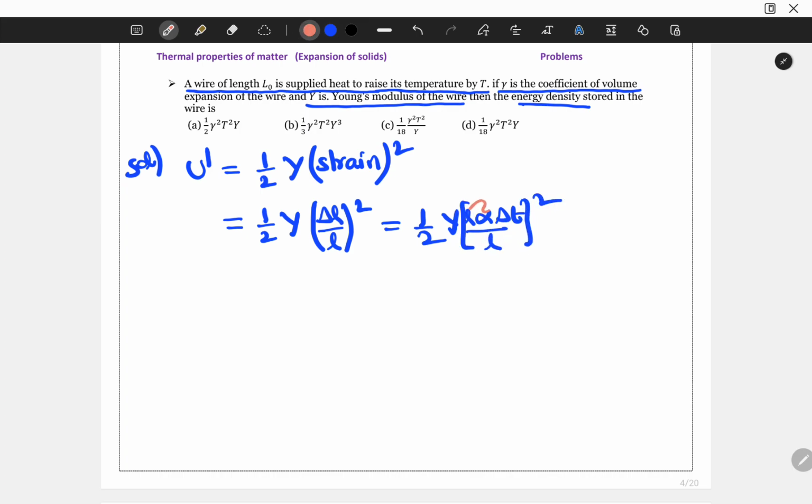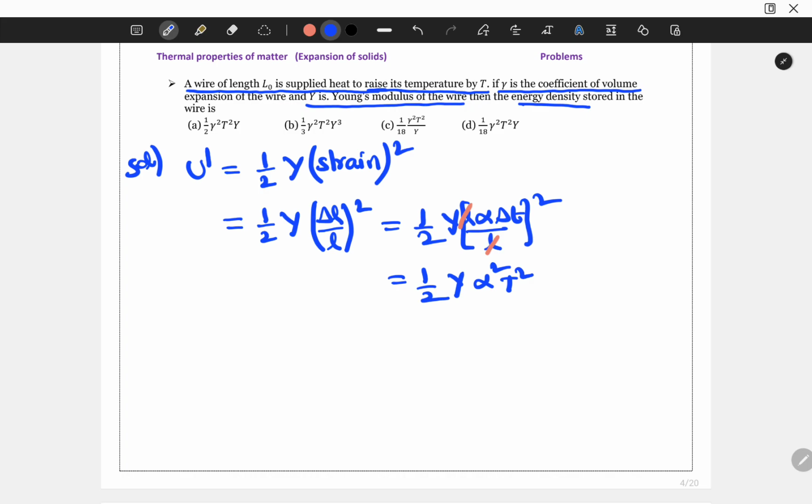Now L gets cancelled. As a next step, half into Y alpha square and delta T square. Delta T is given as T, because the rise in temperature is T. So this is T square.